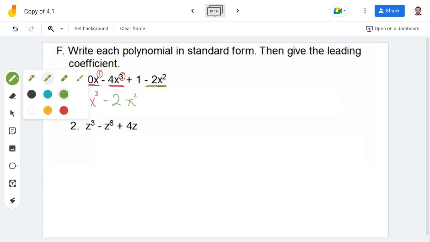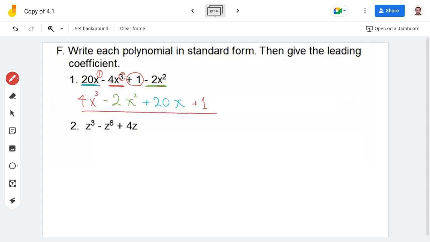Then we have the first one, plus 20x to the power of 1. You don't have to write 1. Then the last one we write is plus 1. So now this is the standard form of a polynomial, from the highest degree to the lowest degree.